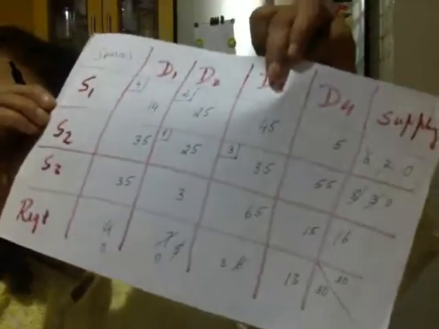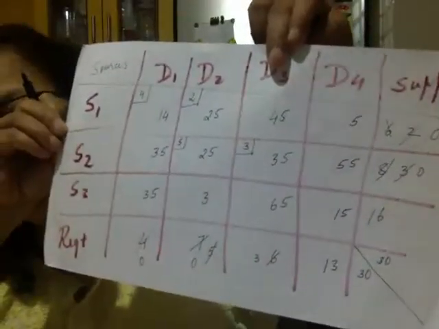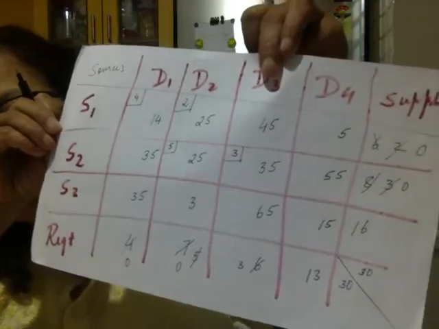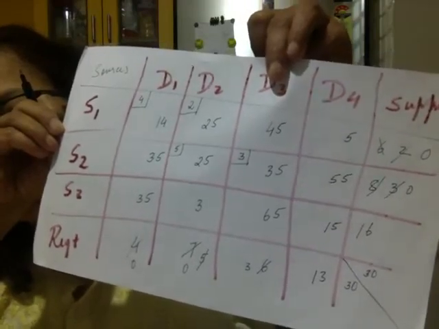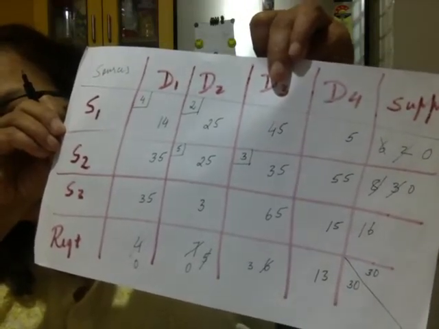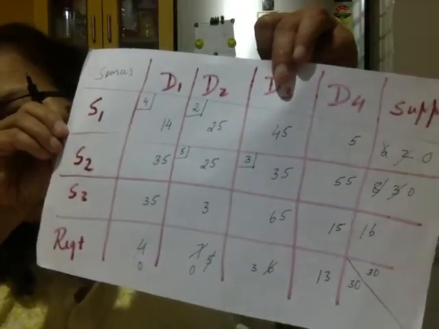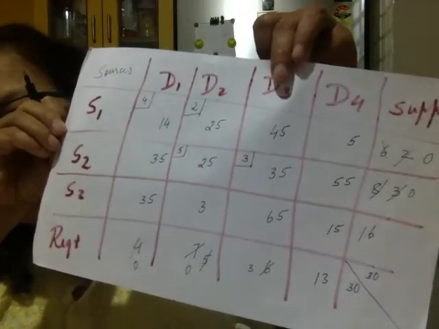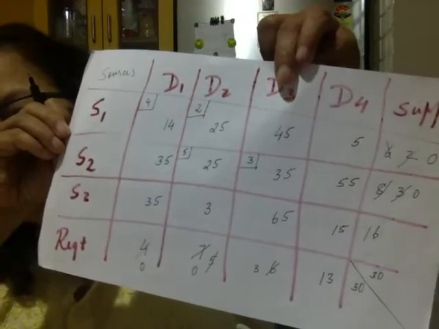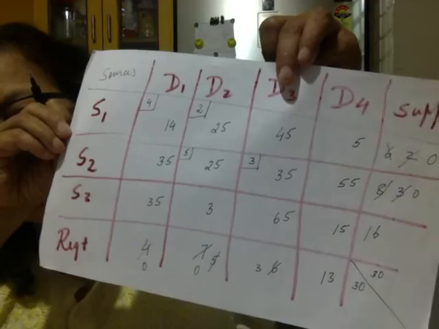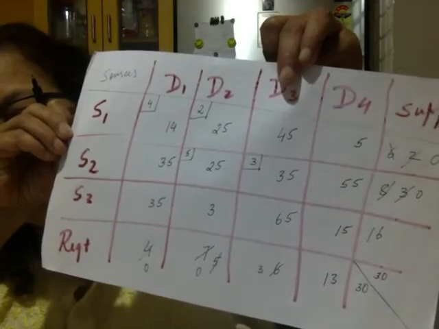Is that clear, everyone? Alright. So we have S1 dummy, S2 dummy because there is no supply left, D1 dummy, D2 dummy. We attack the S3, and first we have to do is from S3 we give to D3.